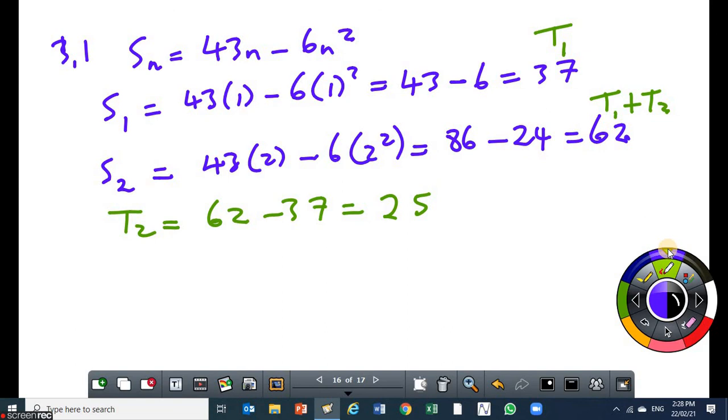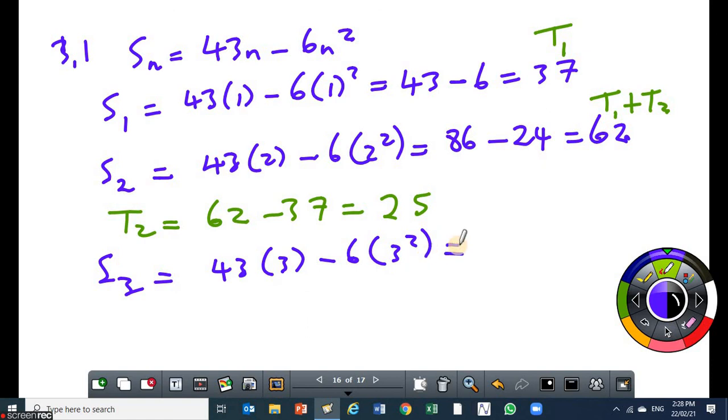Right. Then T3. Now, to get the third term, we need to find S3. So S3 is going to be equal to 43 times 3 minus 6 times 3 squared. 43 by 3 will give me 129 minus, this is 9 times 6, that's 54.